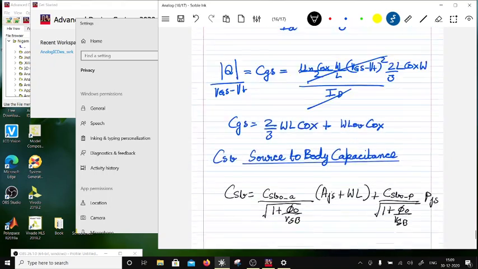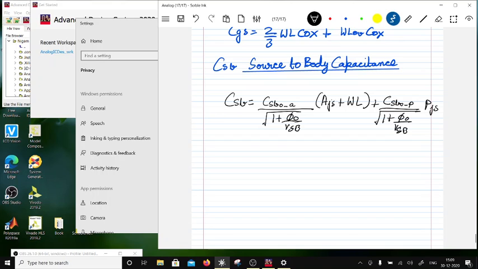So that fringing capacitance comes to here, periphery which is common to source and the gate.